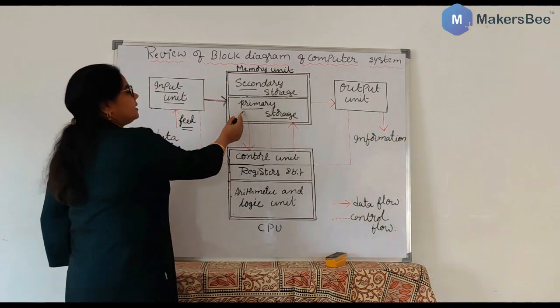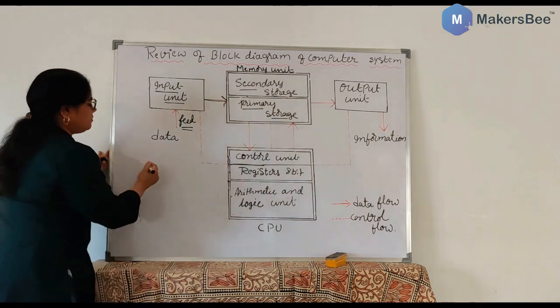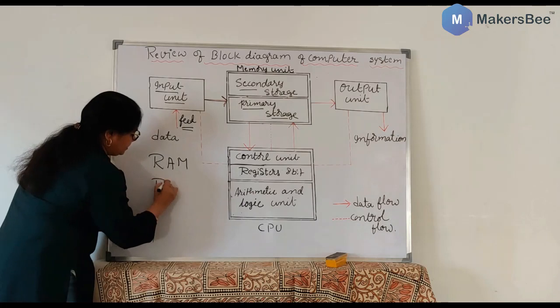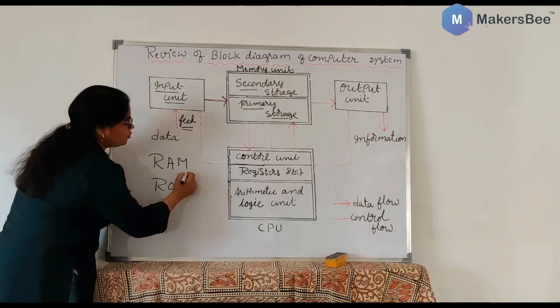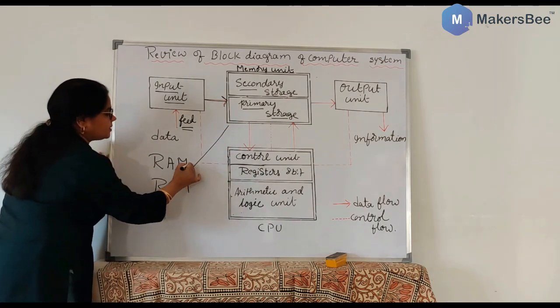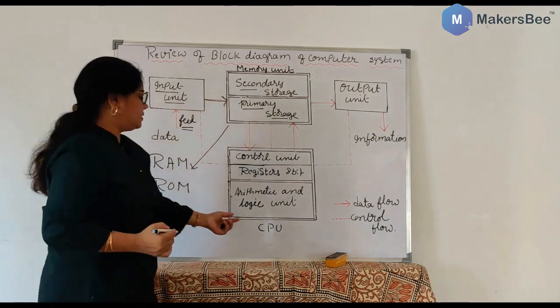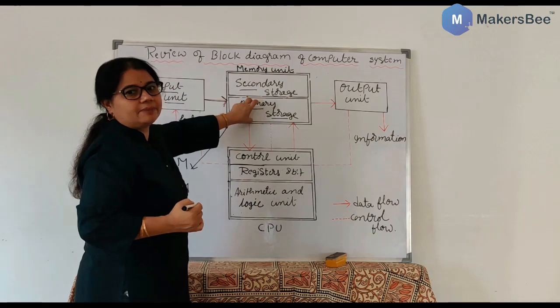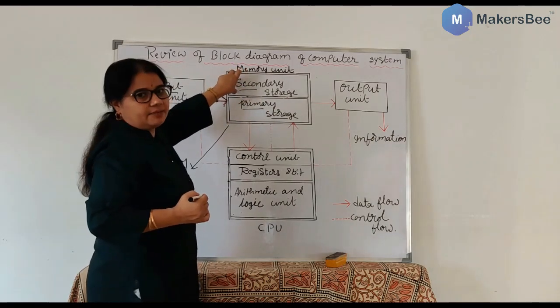Primary memories are, for example, RAM and ROM. These two are the primary memories, and the central processing unit accesses only the primary memory but not the secondary memory.